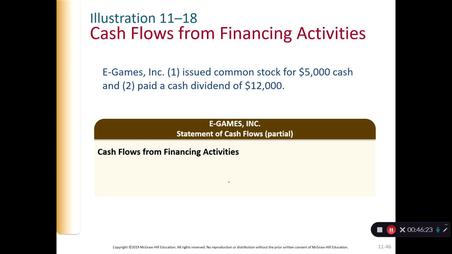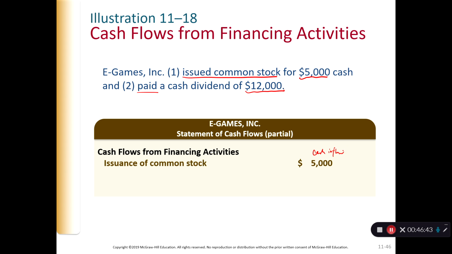So let's look at the cash flow related to the creditors and the stockholders. eGames issued common stock for $5,000 cash and paid a cash dividend of $12,000. When you issue common stock for $5,000 cash, that's a cash inflow.